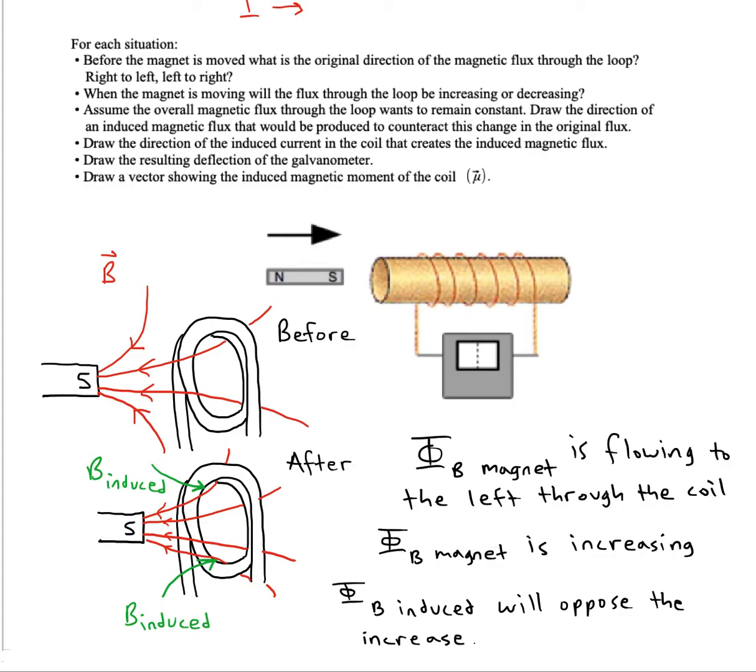And now we just want to grab a hold of the wire itself using the right hand rule and try to figure out in which direction must current flow in order to create a field that goes into the coil from the left-hand side. Okay, so you grab a hold of the wire with the right hand.